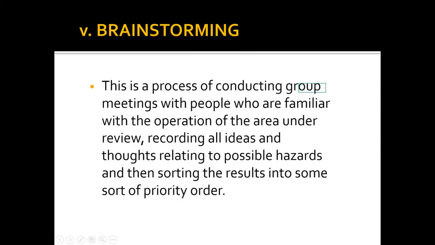And also the step for brainstorming. What is brainstorming? Brainstorming is a process of conducting a group meeting with people who are familiar with the operation of the area under review, and then recording all the ideas and thoughts relating to the possible hazard, and then sorting the result into some sort of priority order.